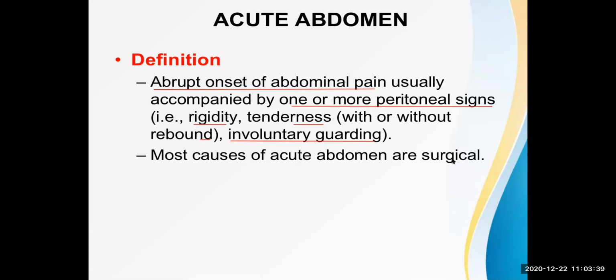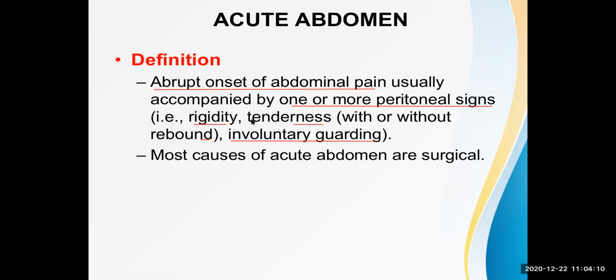Then when you examine, the person also has tenderness in the right iliac fossa. That area is around the appendix site, isn't it? So this is one very good example of an acute abdomen case. See, this is the abrupt onset of abdominal pain, usually accompanied by one or more peritoneal signs like rigidity of the anterior abdominal wall muscle, tenderness, and involuntary guarding.